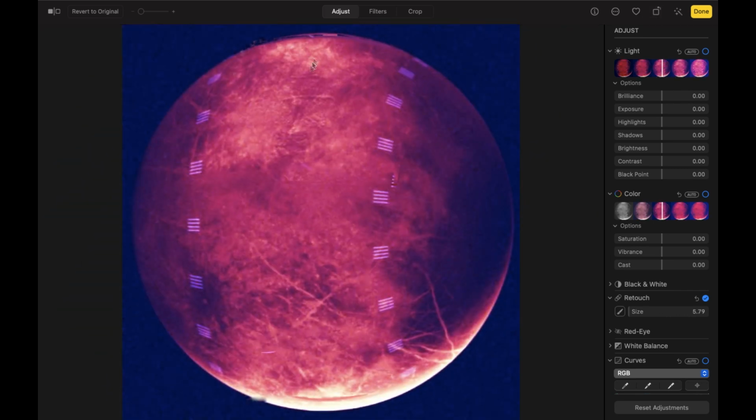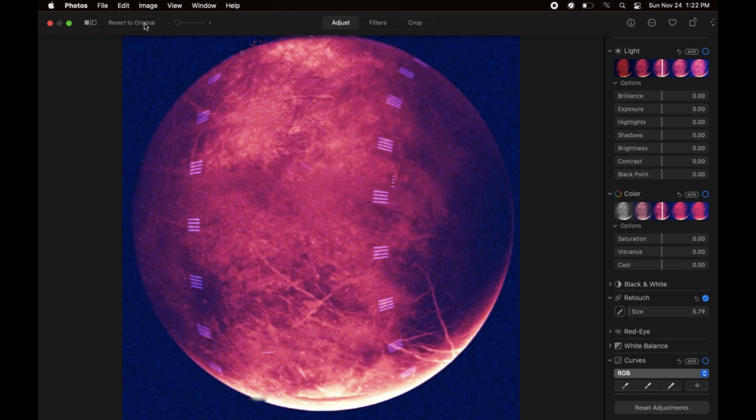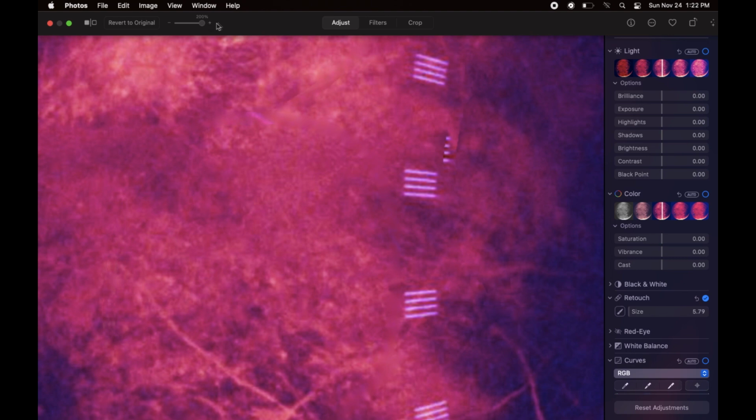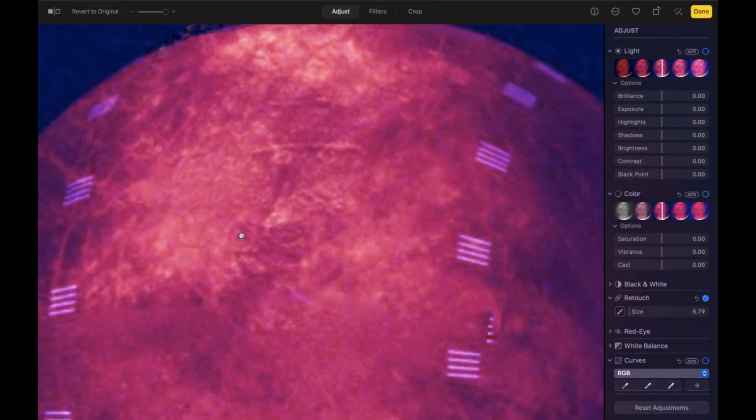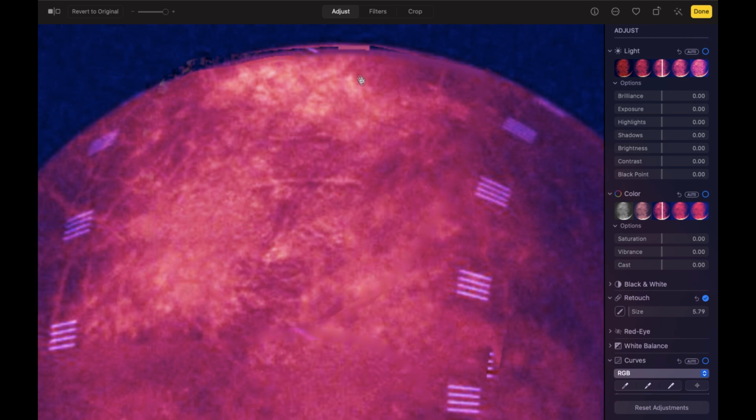Now, we were just on this area here, noting the structure-like architecture, and zooming in a bit more, you can see that there is some very interesting architecture here.